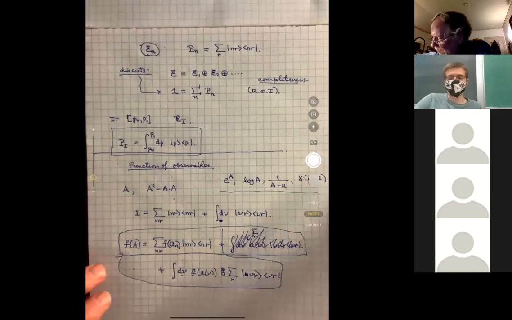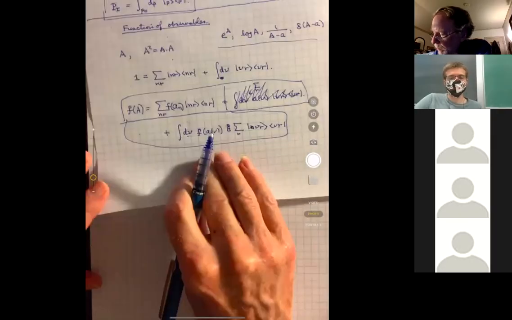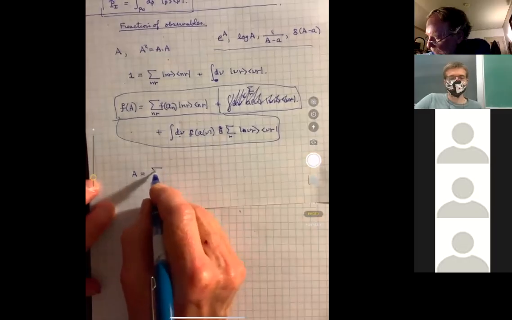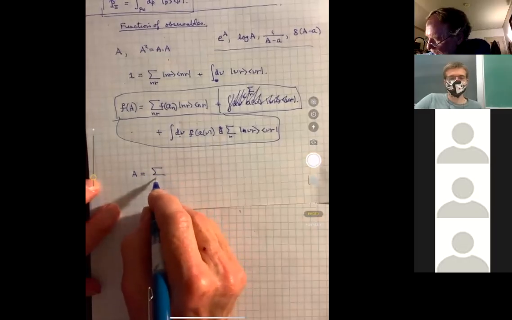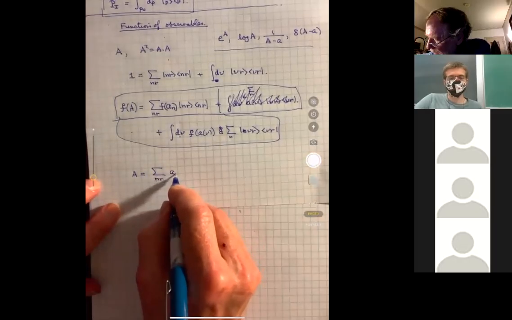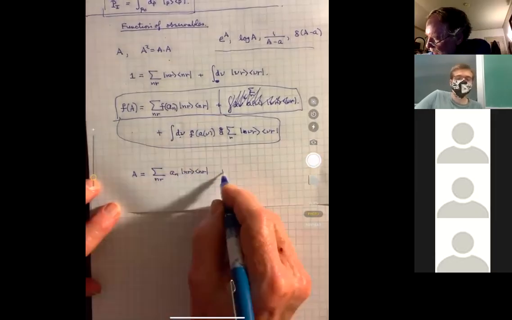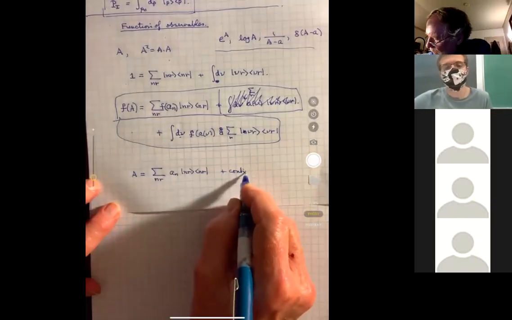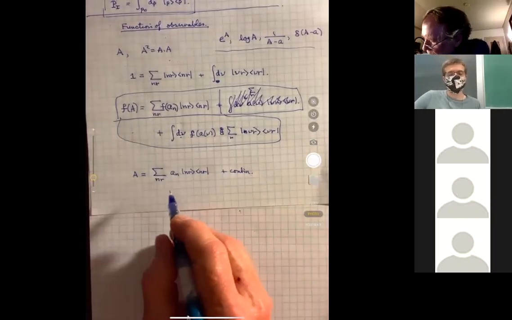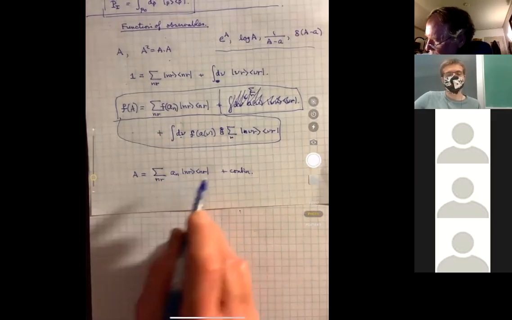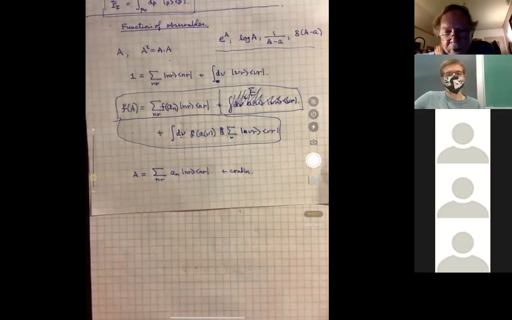By the way, a special case of this would be where the function is just the identity function. In that case, the operator A is given by a sum on n and r of A sub n times |n r⟩⟨n r|, plus the continuous part, which I won't bother to write out. This is just multiplying by A sub n for the given projector.